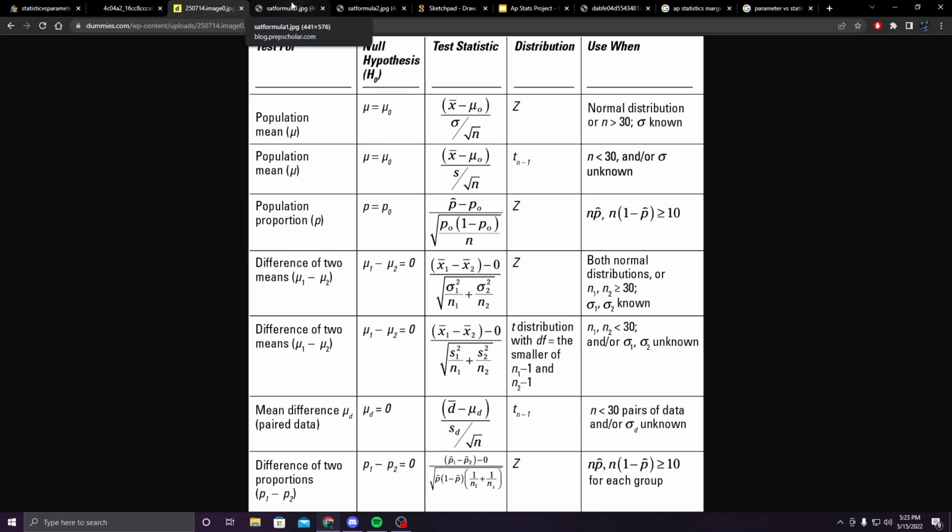And then if it is greater than 30, even if it's skewed, even if there are outliers, you are able to proceed because it is normal. It's fine, because of the central limit theorem, I'm guessing. If this condition does not apply, then you have to proceed with caution and you have to write that down all the way.